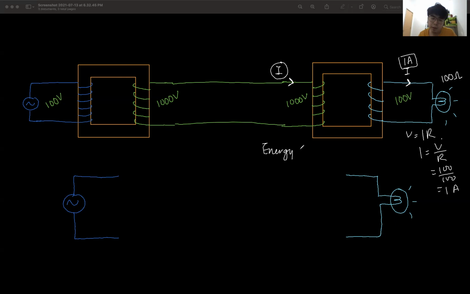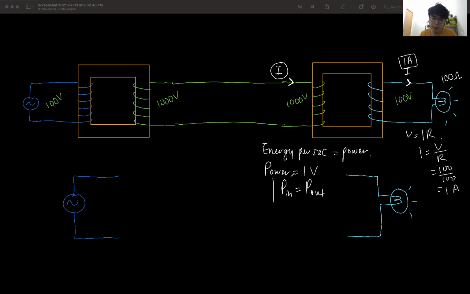Energy per second, that is power. Okay, and power equals to what? Power equals IV. It means power coming in and power coming out are the same, so I can write P in equals P out.